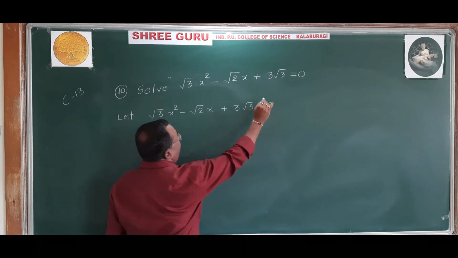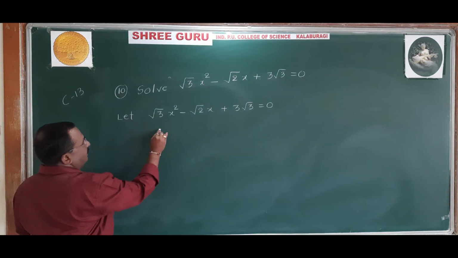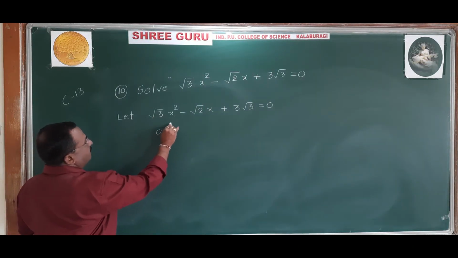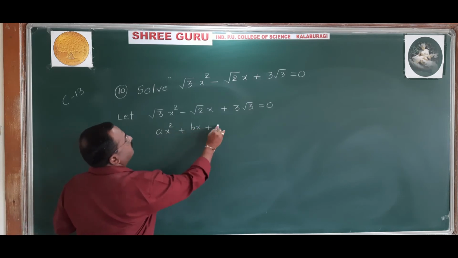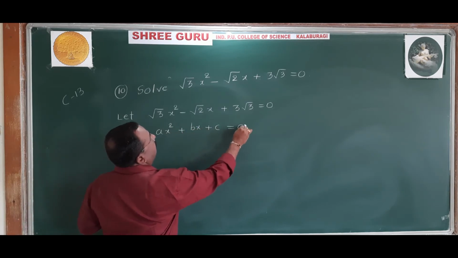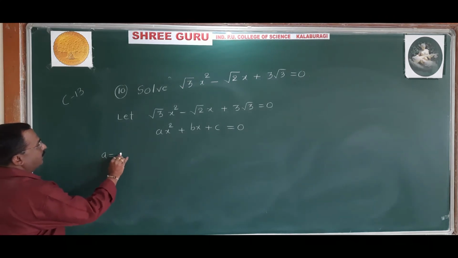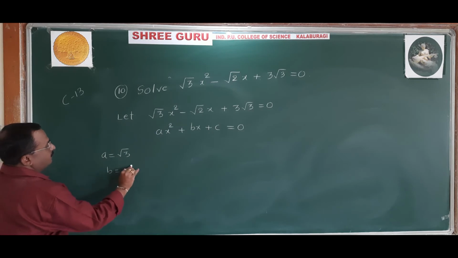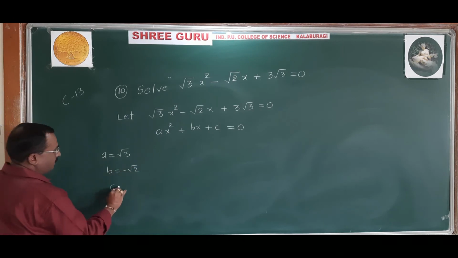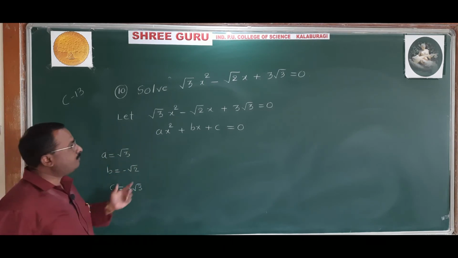This is in the form of a quadratic equation, ax square plus bx plus c is equal to 0, where a is root 3, b is minus root 2, c is 3 root 3.